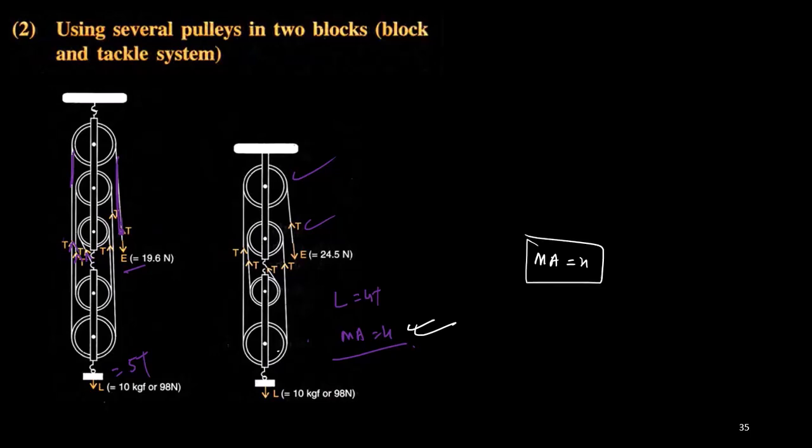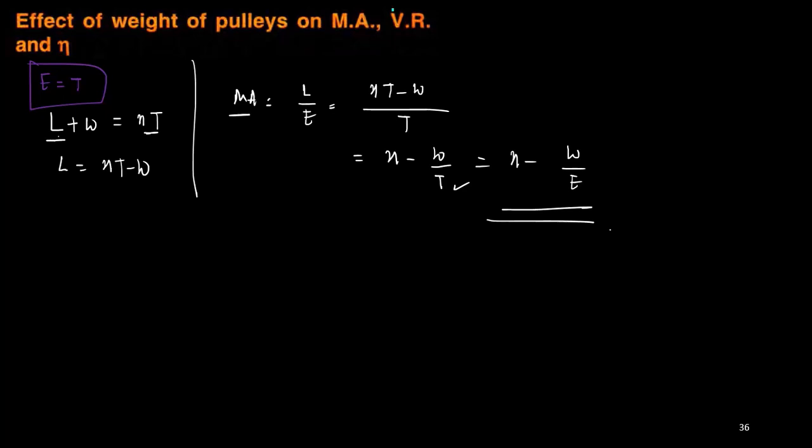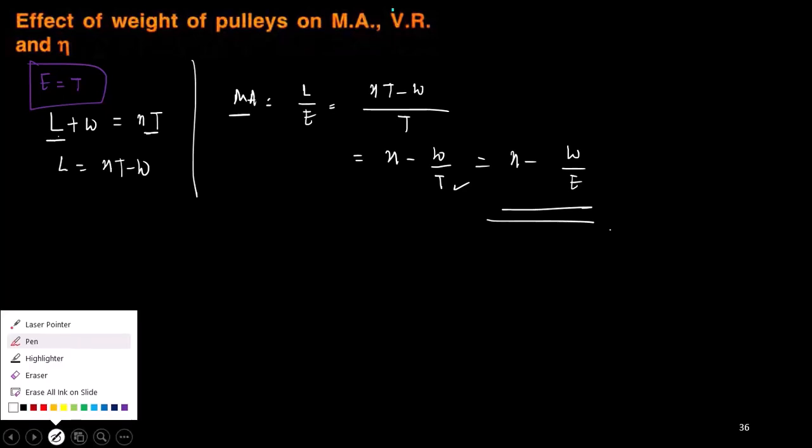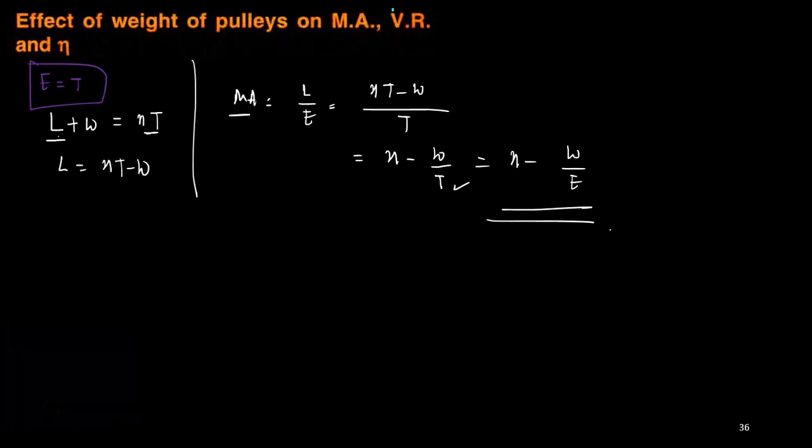But in the second situation, when you consider the weight of each pulley, the mechanical advantage is less than N, minus something. What is that something? That is the total weight of the pulleys divided by effort. That will be the correct value of the mechanical advantage.